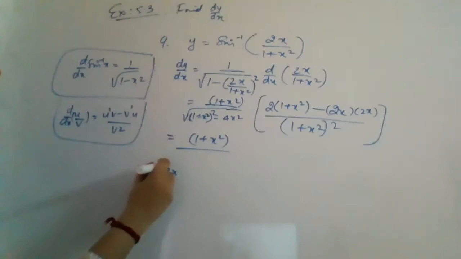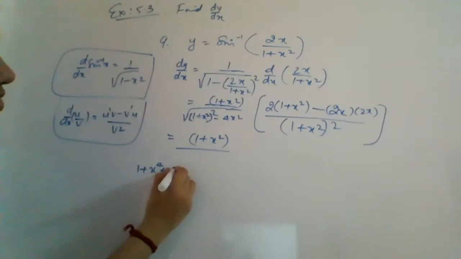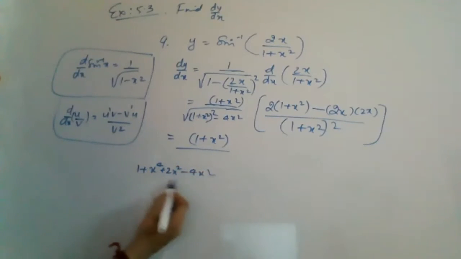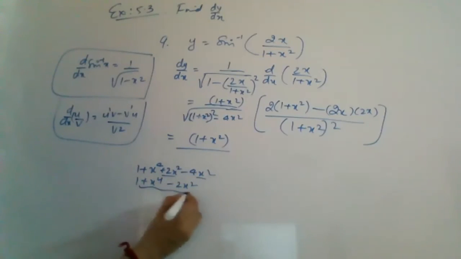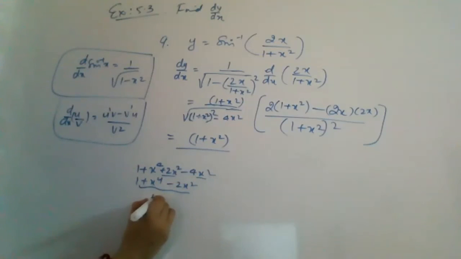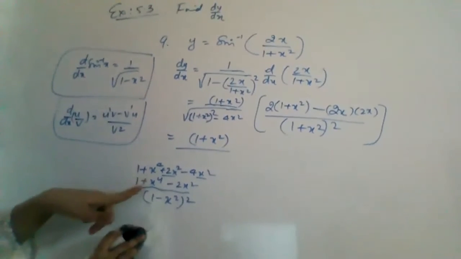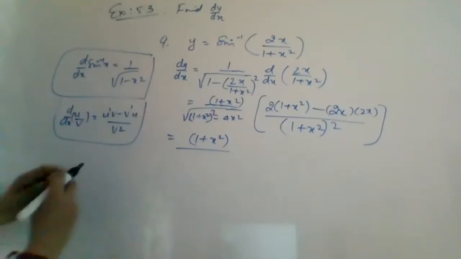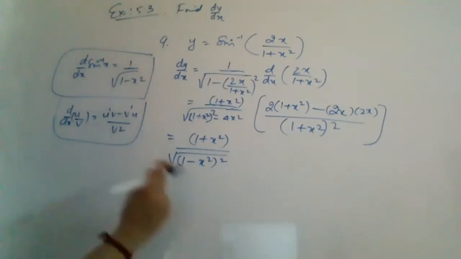So you will get x raised to 4 plus 2 into x square minus 4x square in the denominator after expansion. So these two will give you minus 2x square, 1 plus x raised to 4 minus 2x square, and this together will give you 1 minus x square the whole square. Okay, this is what I am writing now. Is it clear? I'm just replacing the denominator as it is actually root of 1 minus x square the whole square. Now you have root.